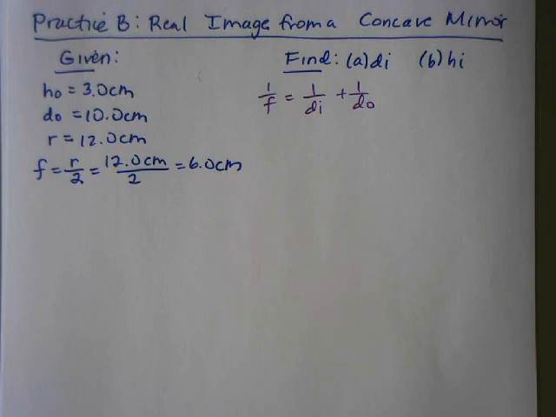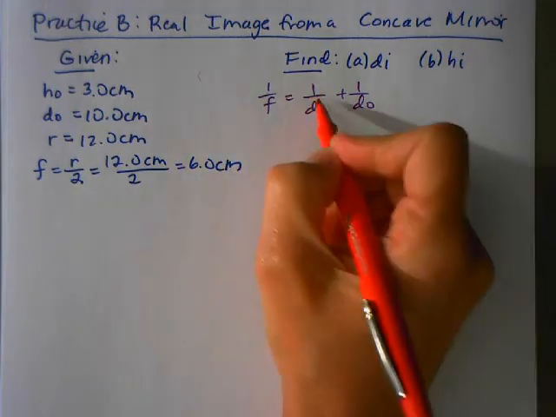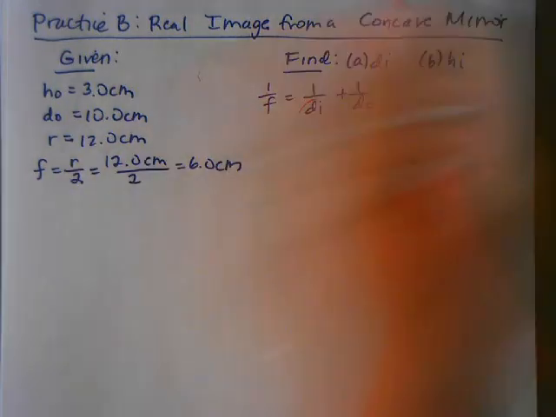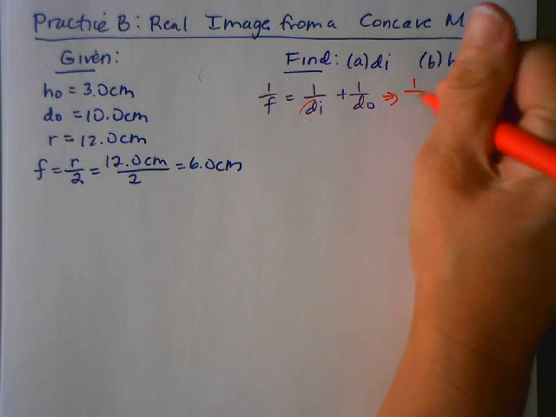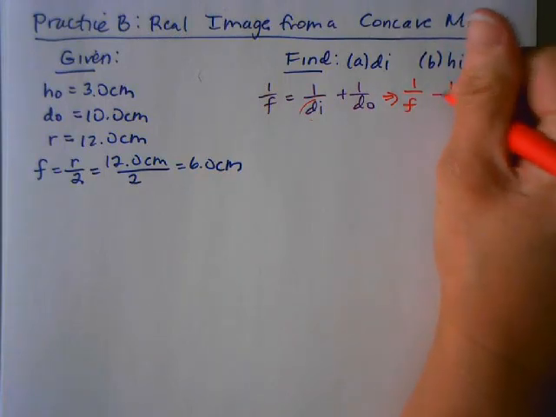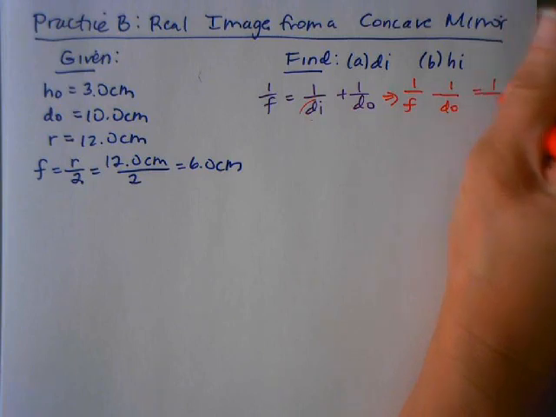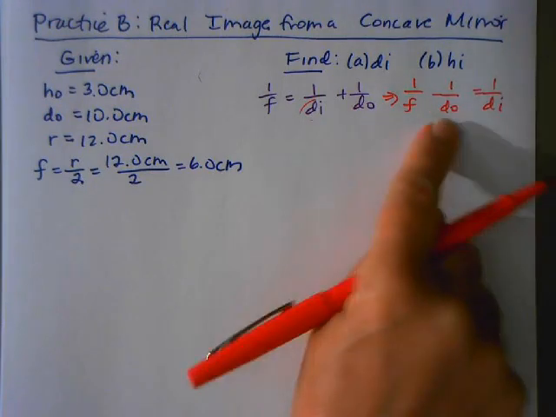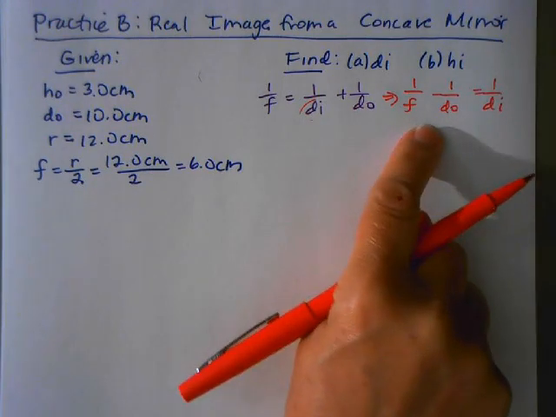So that means we want to rearrange the equation to solve the unknown in terms of the known. If we do basic algebra, we could rearrange that. When you rearrange it, you always put your unknown on one side of the equal sign. So what we would do is say 1 over F minus 1 over DO is equal to 1 over DI. The common denominator would be FDO.